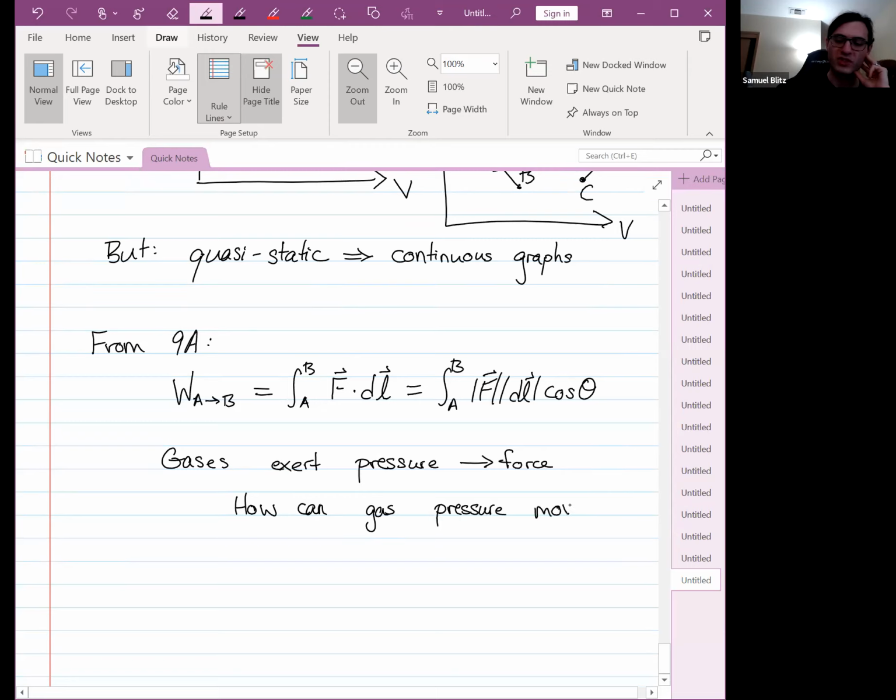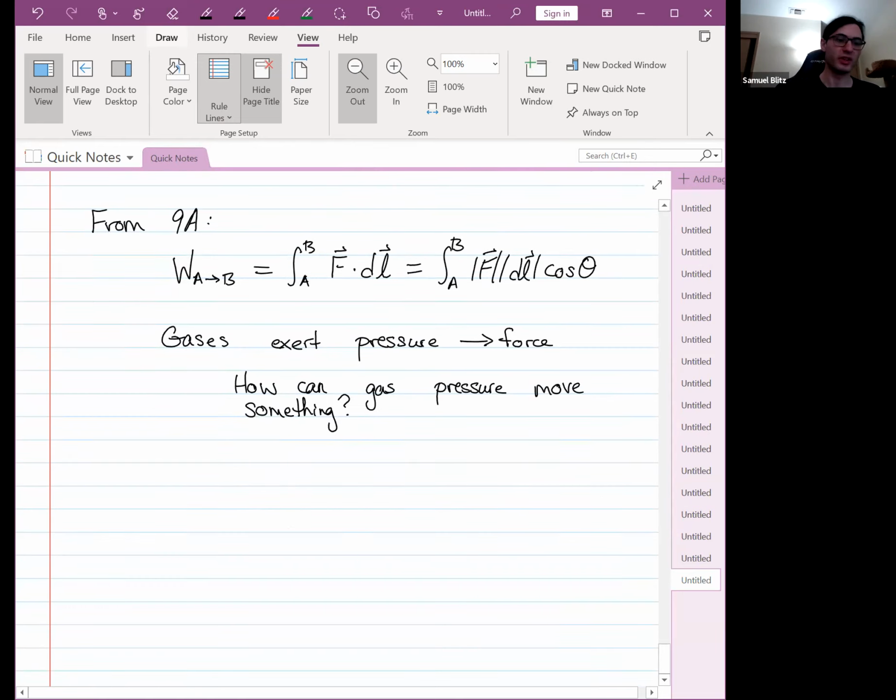I mean, clearly a force is exerted, but how is that force used? How can it really be considered work? Well, there's a really simple example that we can use to illustrate this. Let's consider a gas in a box sealed by a piston.